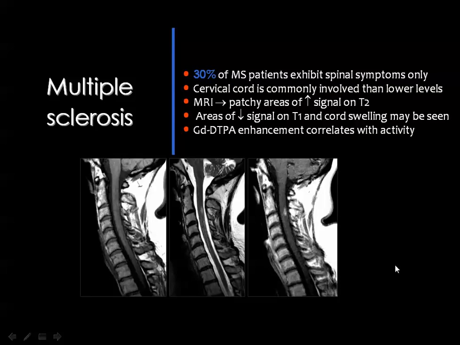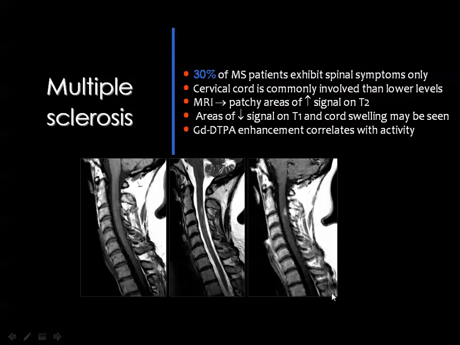And there is a good percentage of patients which have a spinal cord affection reaching about 30%, and the segment of the cord commonly involved is the cervical spinal cord in most of the cases, but you can also see other lesions in the dorsal cord.